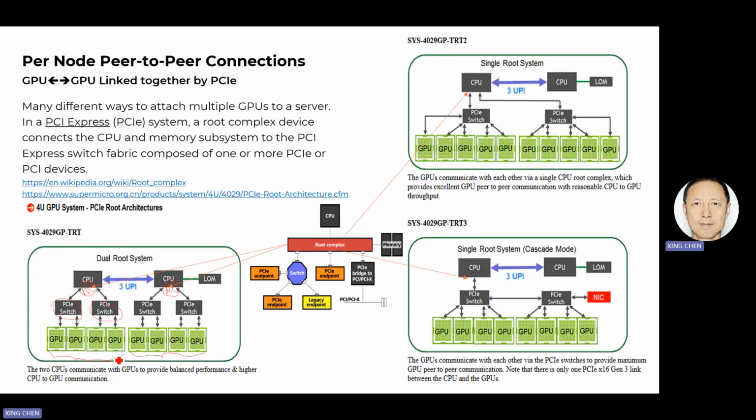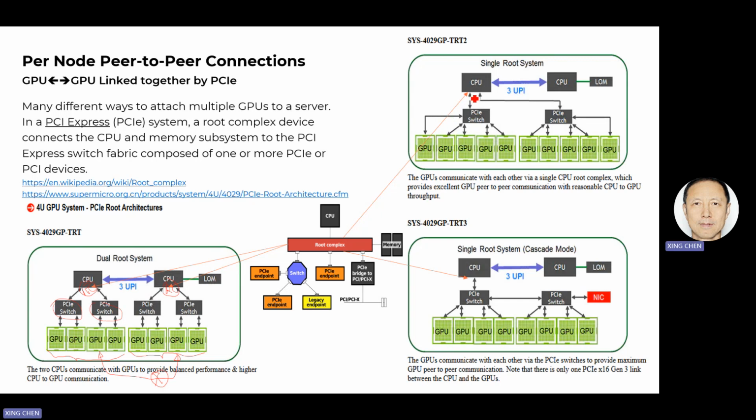But one GPU from the left-hand side cannot communicate with a GPU from the right-hand side. This is not okay. So the fact is that for 2 PCIe devices to communicate with each other, they have to belong to a single root complex.